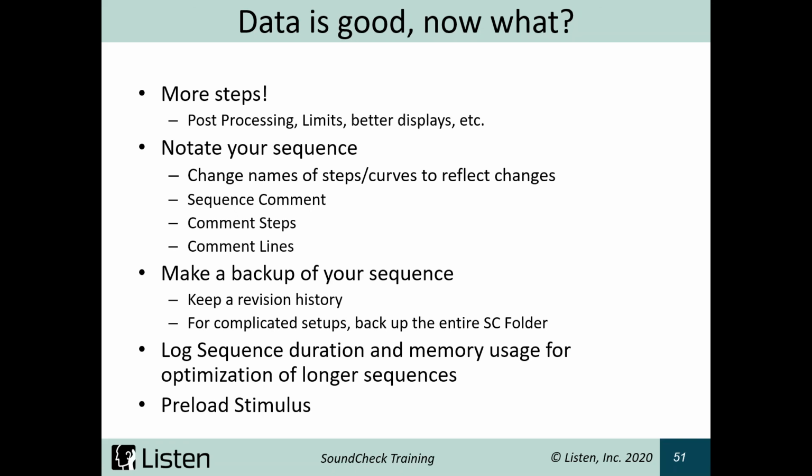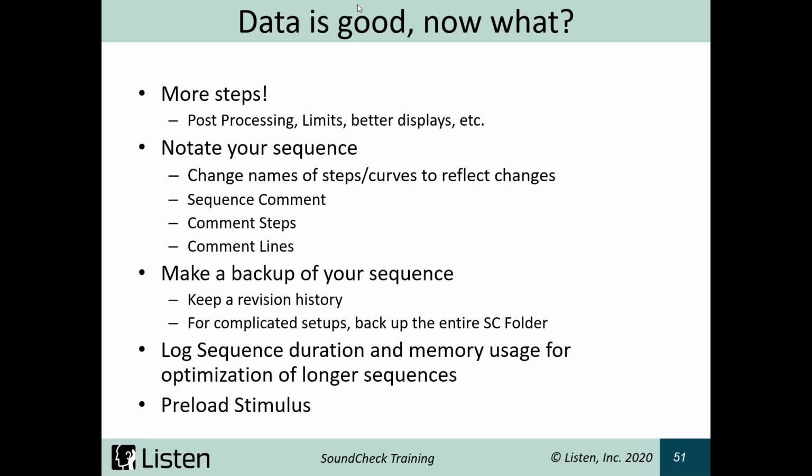Back up your sequences. Keep a revision history. Make sure that you have something to go back to if something gets broken for the day. This was a very simple setup. It's not a lot of things that changed. But if I go in and I was using external hardware and TCP/IP control and talking to a turntable, one thing that I will even do just to make sure that things are good is just save my entire soundcheck folder out into a new directory, make a copy of it, send it to a compressed file and back it up.